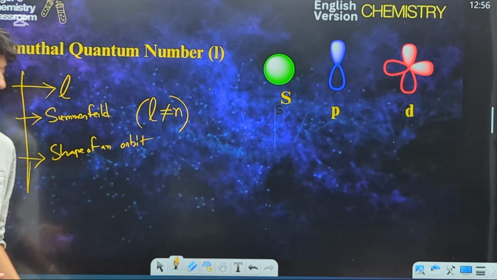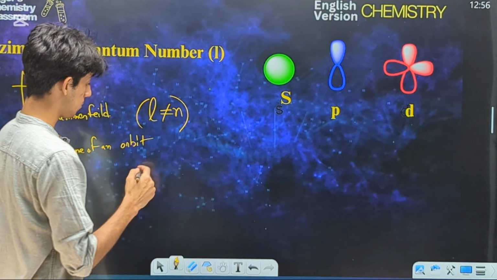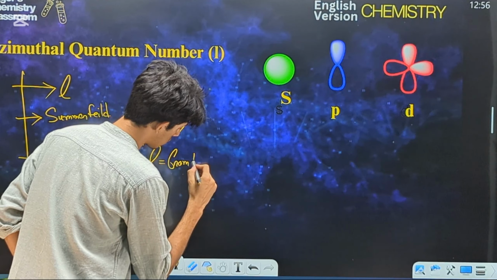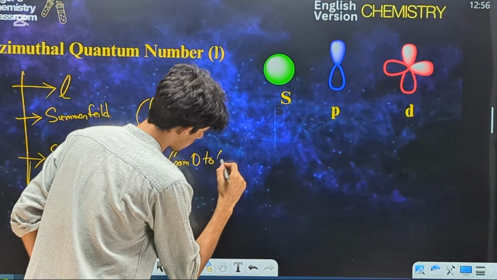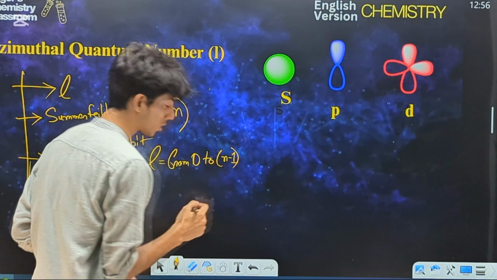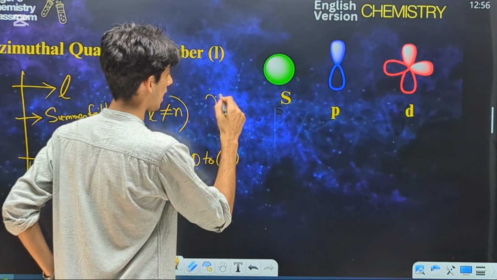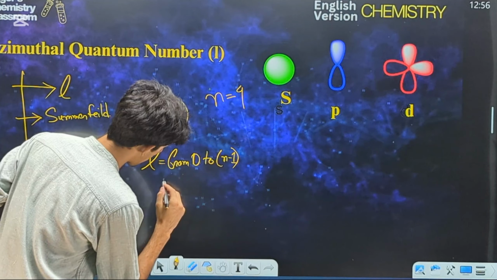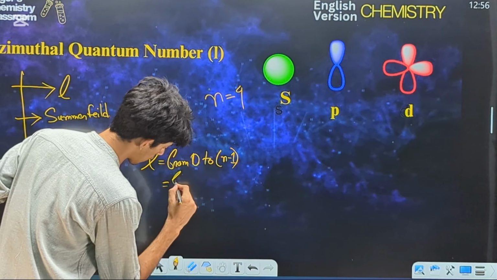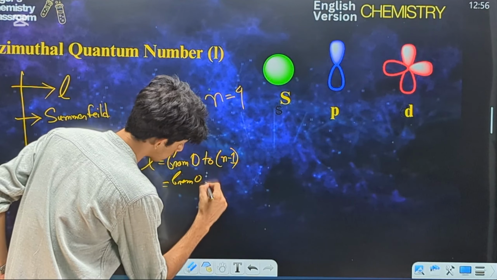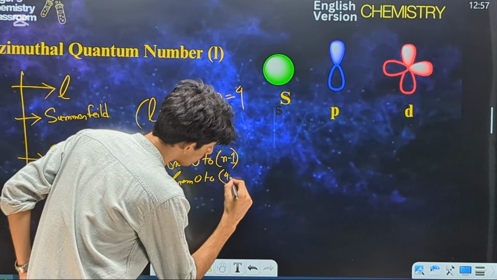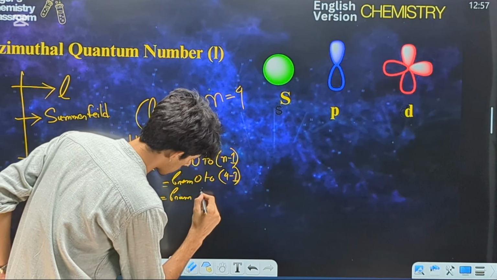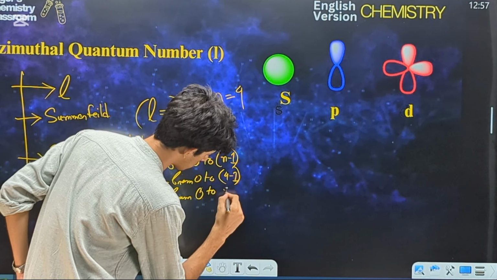So what's the value of L? Then L will be from 0 to N minus 1. So what does it mean? If I say that N is equal to 4, then we have to put the value of N in here, from 0 to 4 minus 1, from 0 to 3.